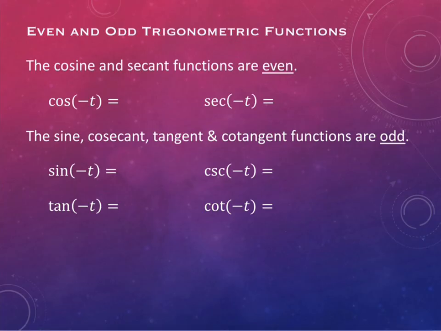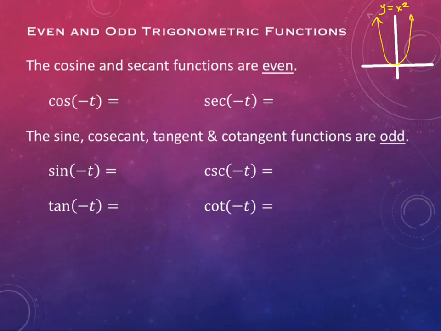What that means in terms of a graph, and I'll draw you a graph that you've worked with before, is that a graph that is even is y equals x squared. It's not a perfect picture, but it's not bad. What it means to be even is that it's a reflection over the y-axis. It's the same image on the left as it is on the right.